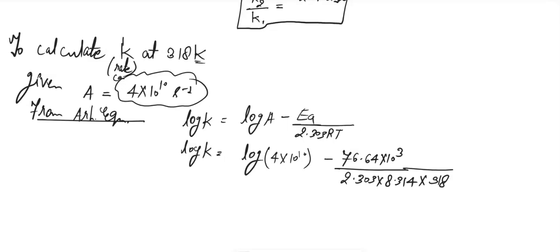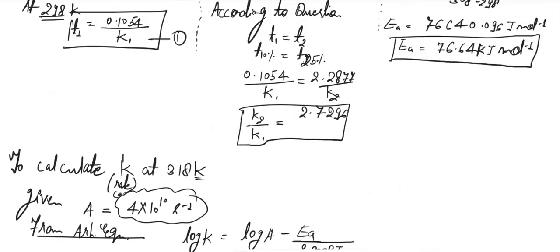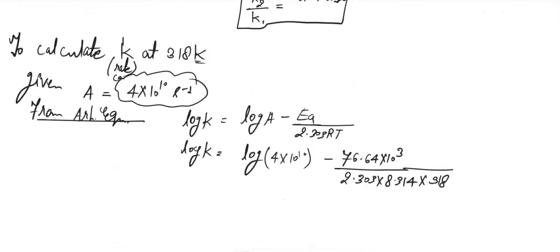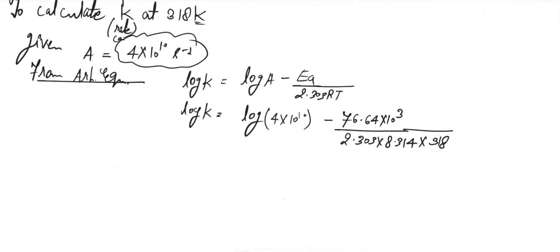Remember that the activation energy we obtained is 76.64 kilojoules per mole, so we write 10 raised to the power 3 because we put this value in joules per mole, since R is also in joule per Kelvin per mole.